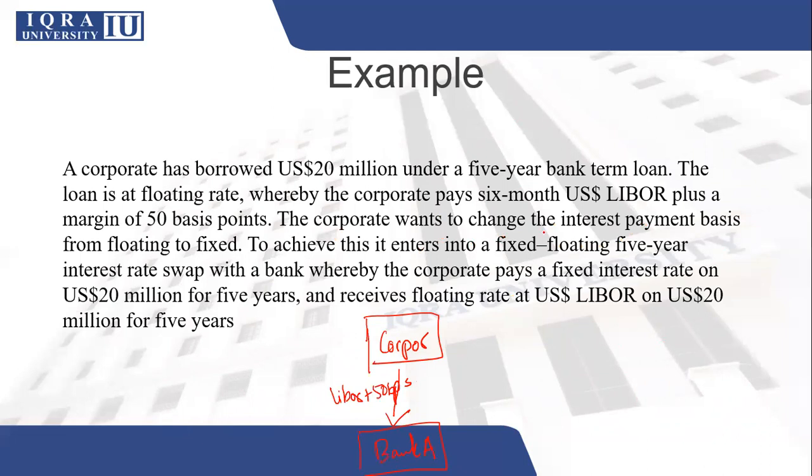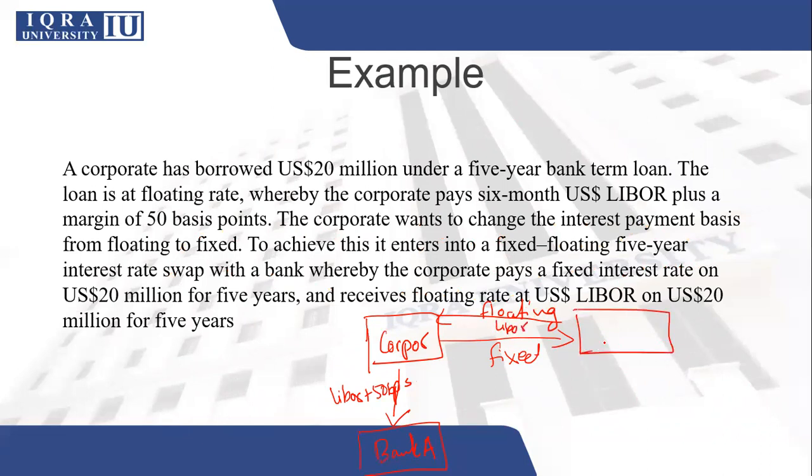The corporate wants to change the interest basis from floating to fixed. So they don't want this floating, they want to pay fixed. And if they're going to pay fixed, they will have to receive floating. So the floating rate will be LIBOR.